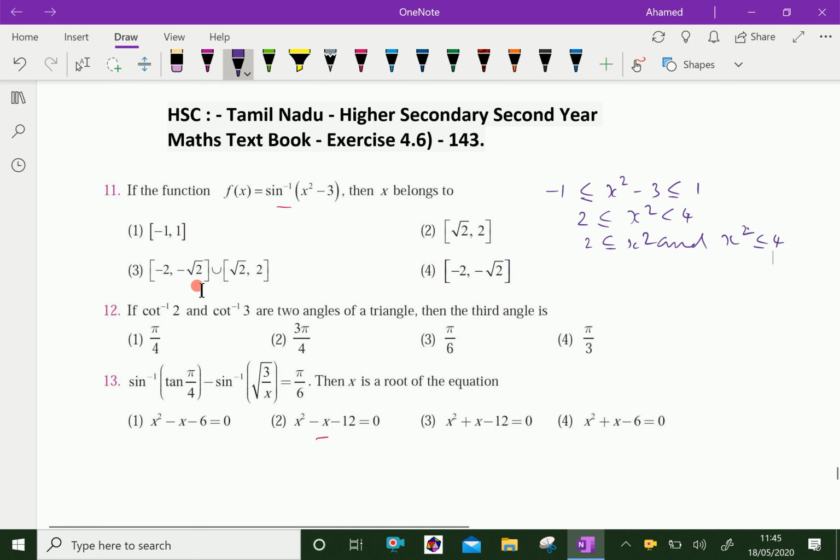Here, minus 2 to minus root 2 union root 2 to 2, option 3.